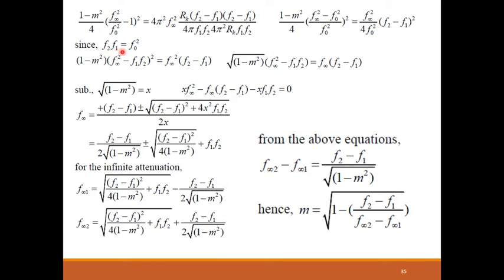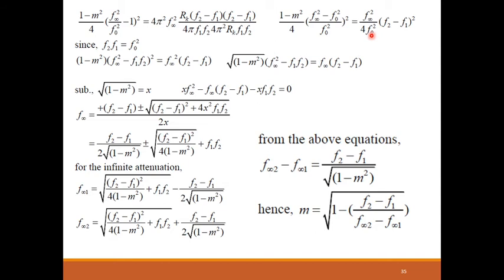So f1 into f2, that is f naught square. Here that f1 and f2 we are substituting with f naught square. So (1 minus m square) into (f infinite square minus f1 into f2), that is f naught substituted here. Then f infinite square divided by here, that is the f naught square.